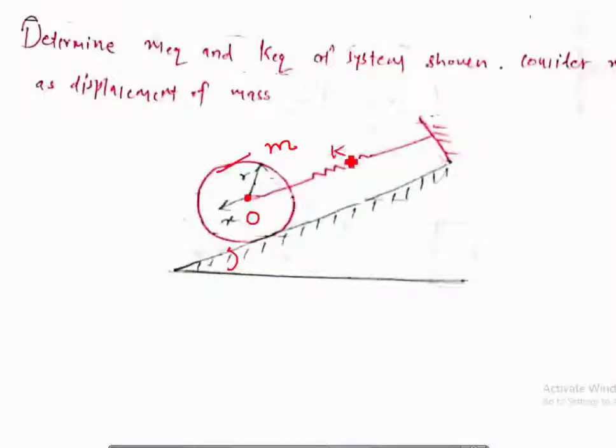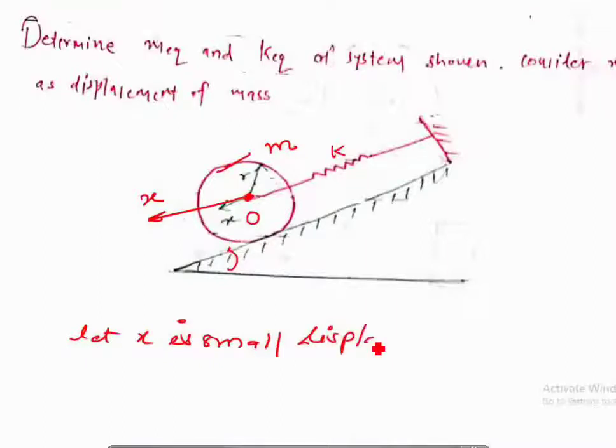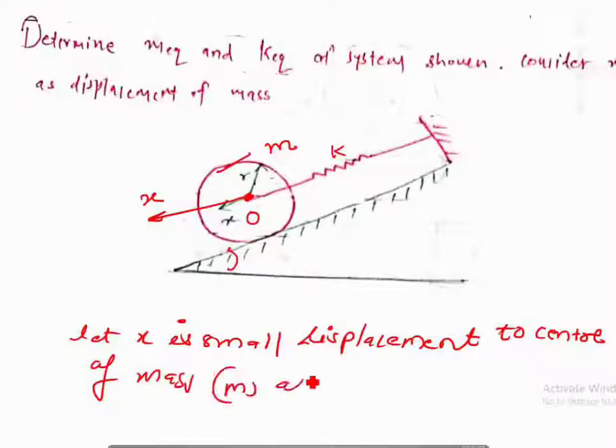K is the spring fixed at one end and attached to the center, point O. Let x be a small displacement given in the downward direction to the center of mass, that is at point O.